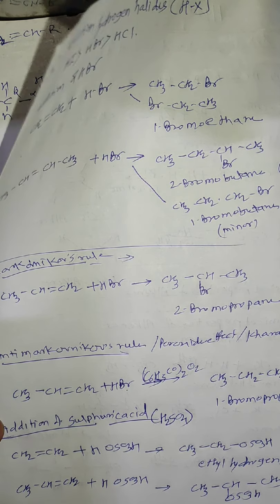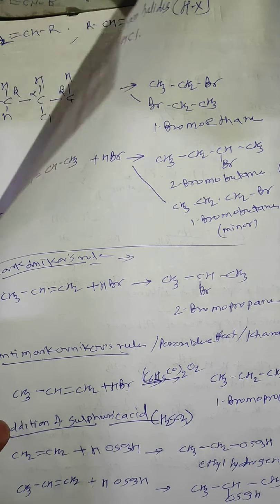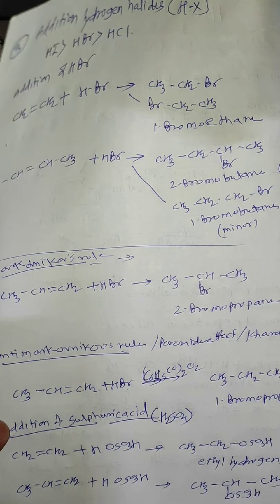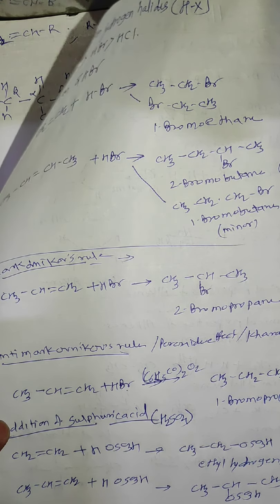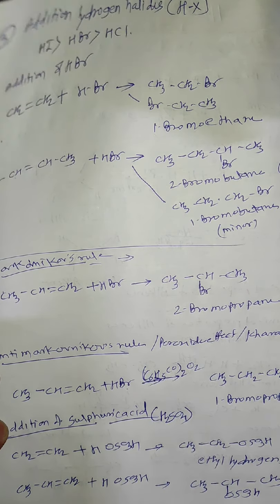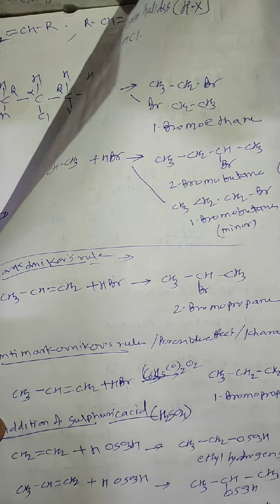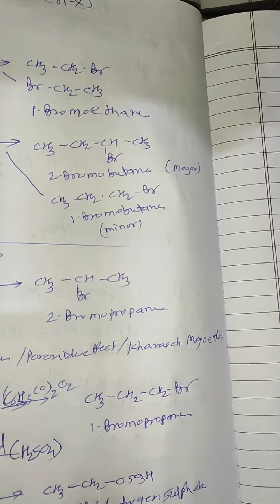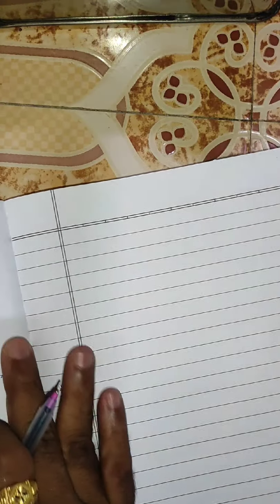That reaction should be written in the form of CH3 CH2 OSO3H treated with HOH. This hydrogen is shifted here, OH combines with SO3H, and forms CH3 CH2 OH plus H2SO4. So this is the next addition reaction like this.